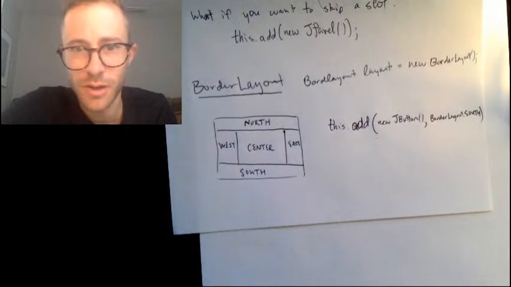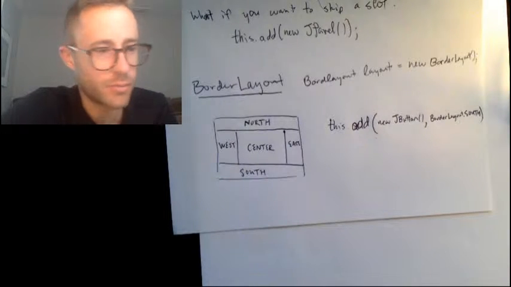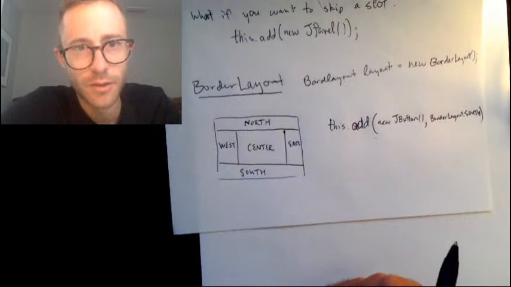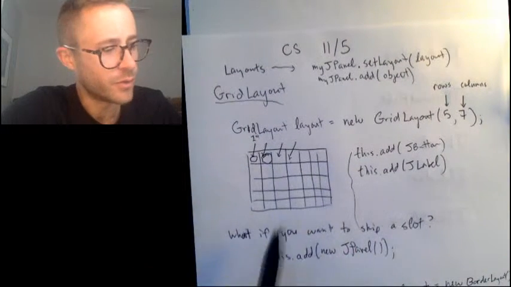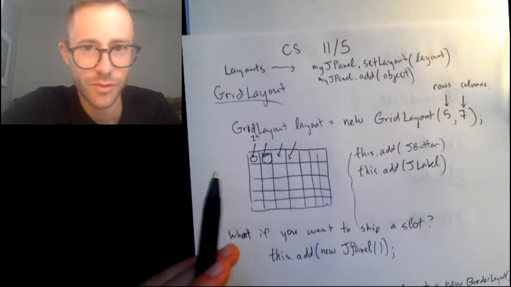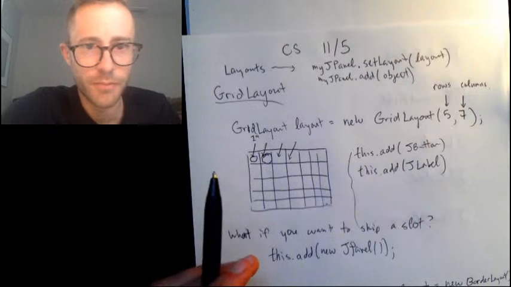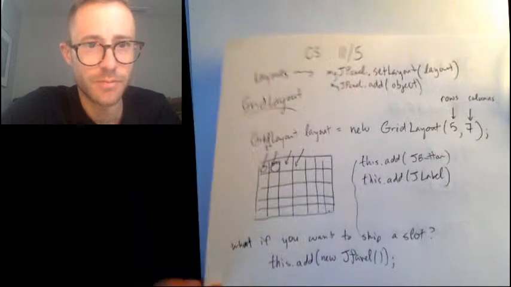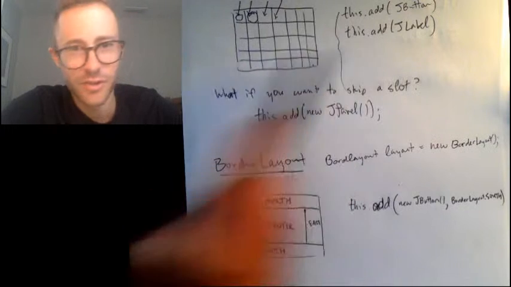So you have to specify where you are going to place that particular JButton. It's not like the grid layout where it just goes sequentially. If you wanted to add something to the lower right-hand corner in a grid layout, you would have to go through every single thing.